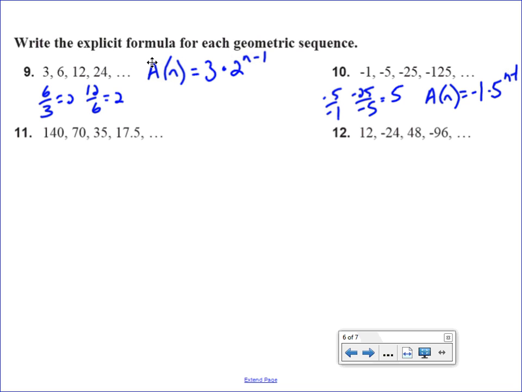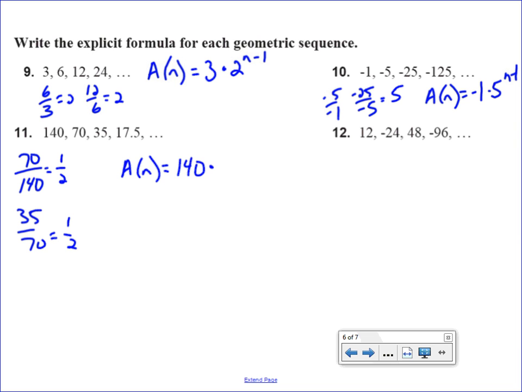So now for this one, I got 70 divided by 140, or 35 divided by 70. The common ratio here is a 1/2. So how does that show up? Well, I would start again like so, and I'd have 140 times our common ratio, 1/2 to the n minus 1 power.